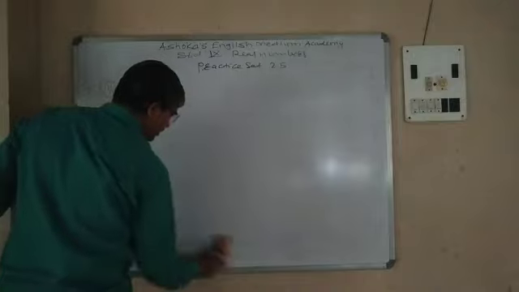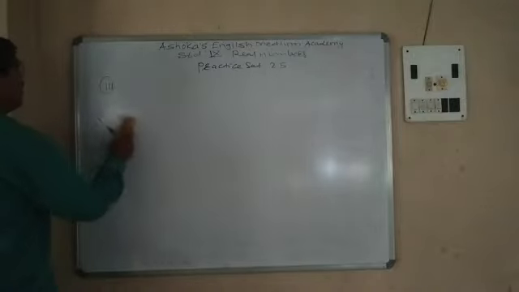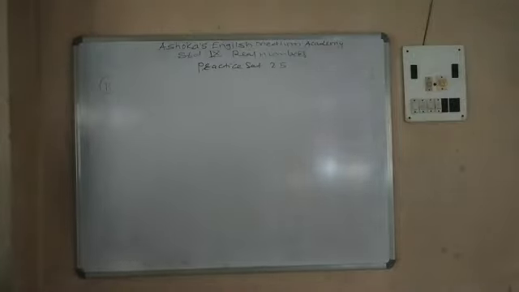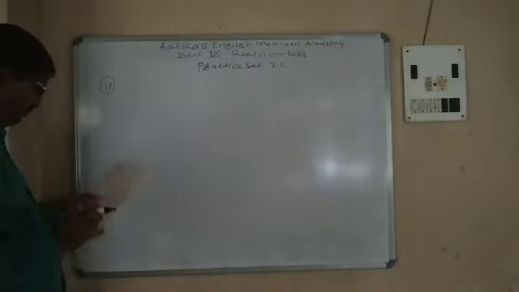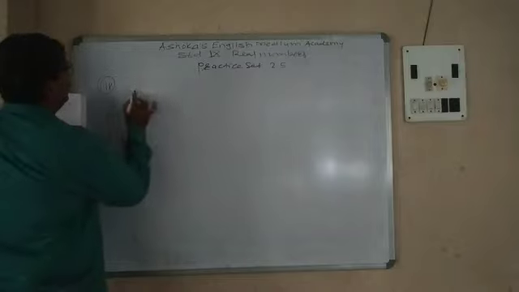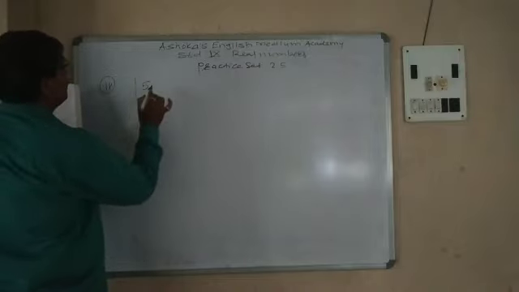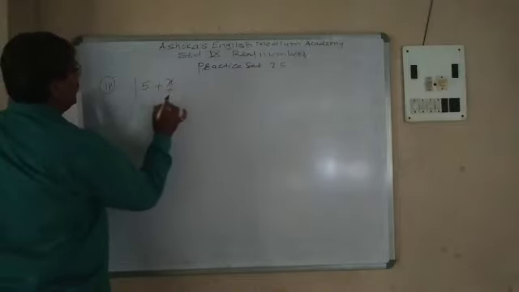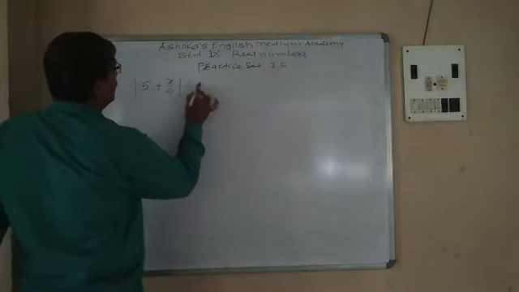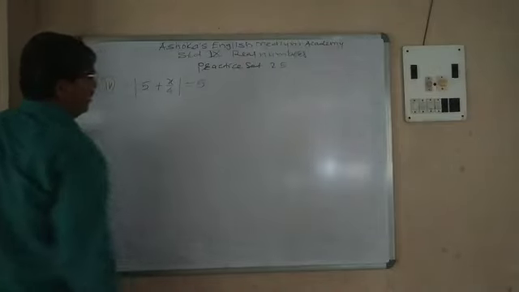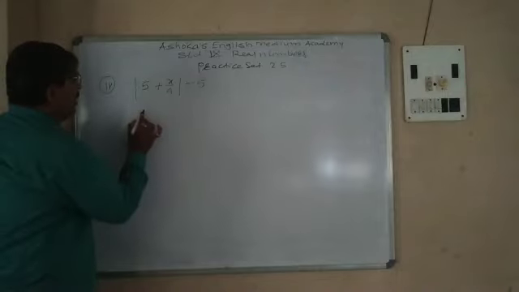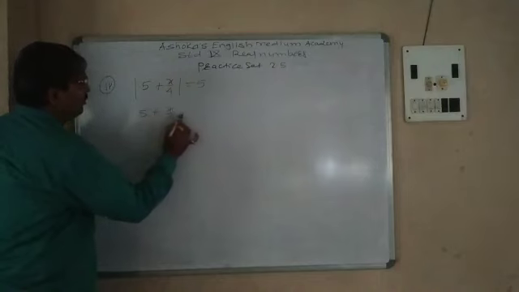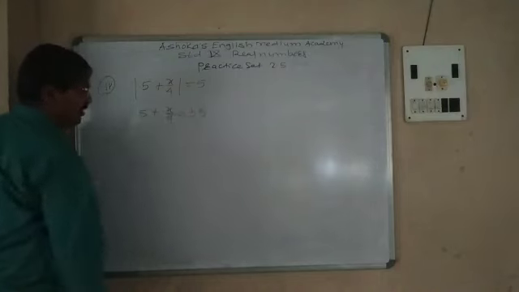In this question number 4, please attend carefully. Those students who have basic knowledge of equations don't have any problem with this type of question. Take the absolute value, 5 plus x upon 4 is equal to plus minus 5.